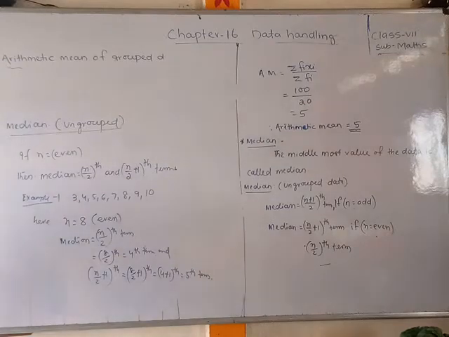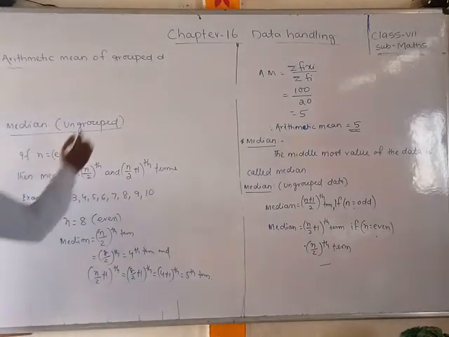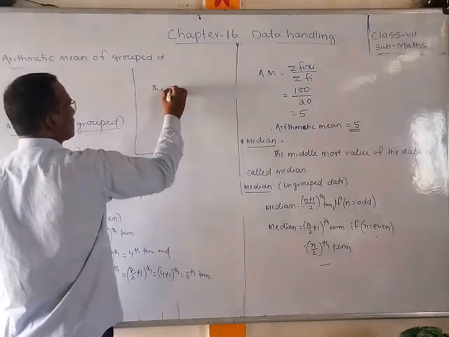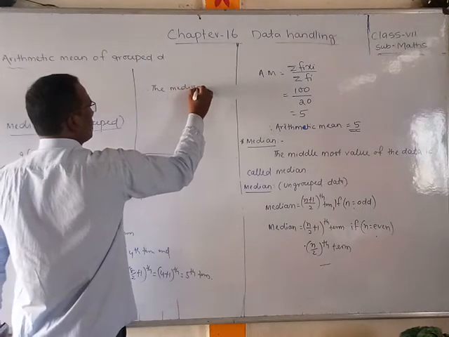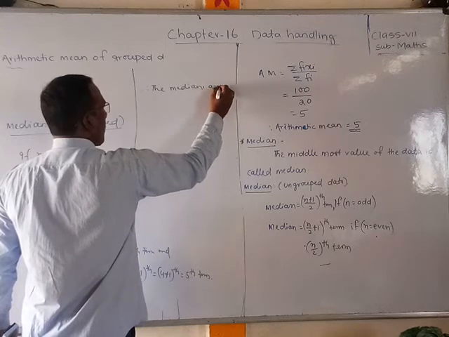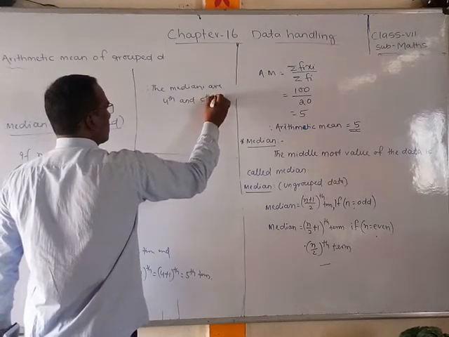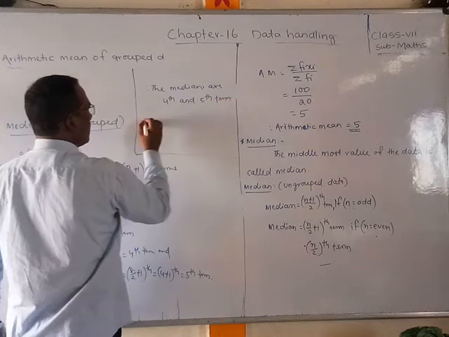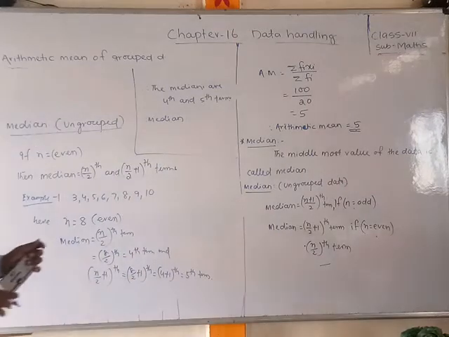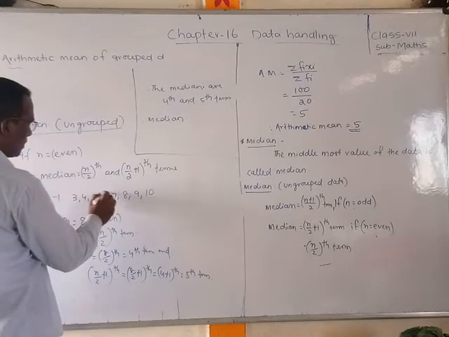So what did we get, students? We got the 4th term and the 5th term. Hence we can write: the medians are the 4th and 5th terms. Which is the 4th term? 1, 2, 3, 4, this one and this one.